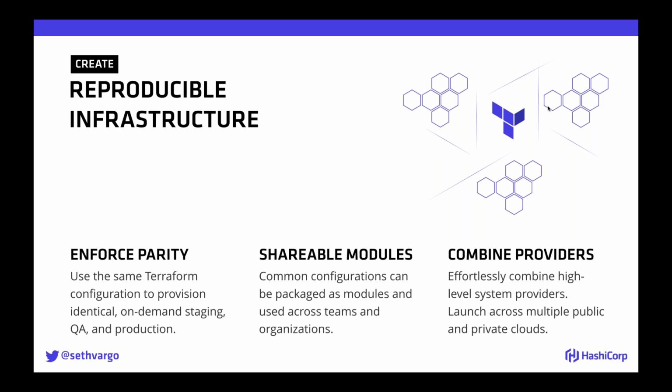Imagine using the same set of configurations, the same code, to produce staging and production. This means that as things are being staged, they're being staged in an environment that is nearly identical to production. Similarly, because Terraform is so fast with the parallelization and the graph, it's possible to build these environments on demand.